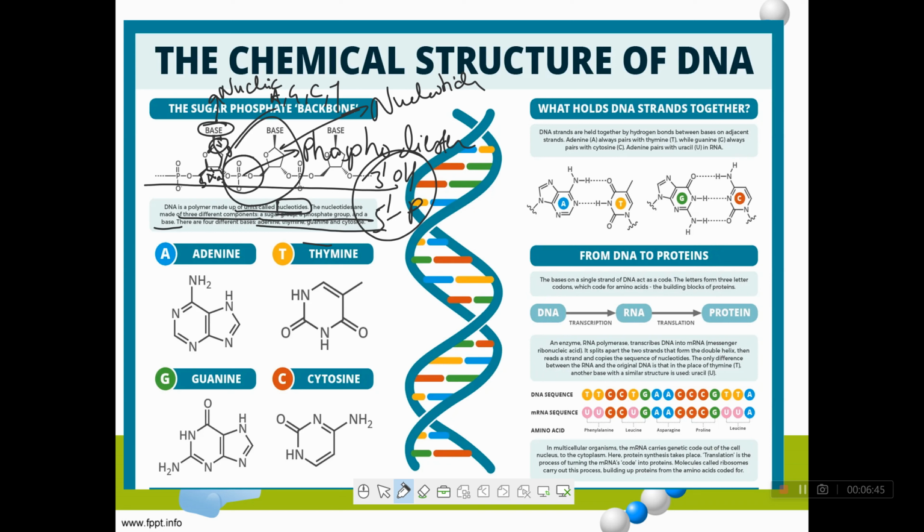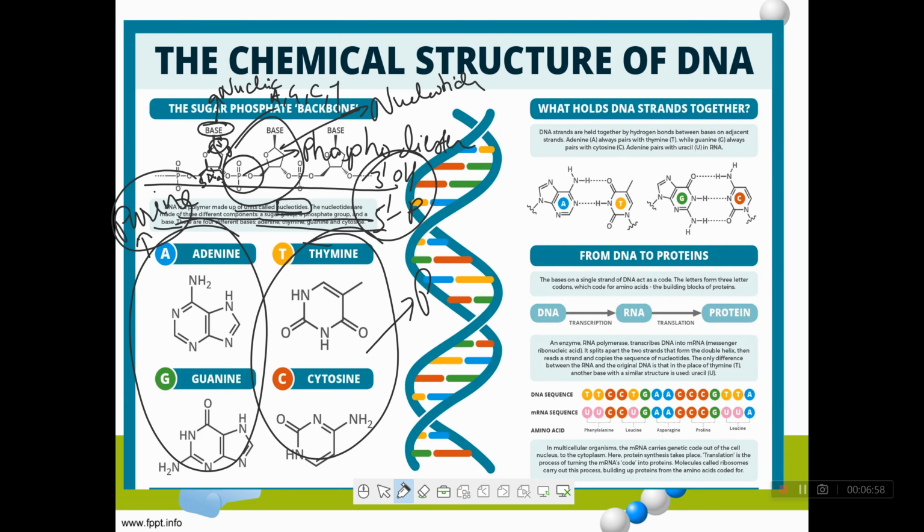There are 2 types of base, purine and pyrimidine. Purines are adenine and guanine, and pyrimidines are cytosine and thymine. This is pyrimidine.